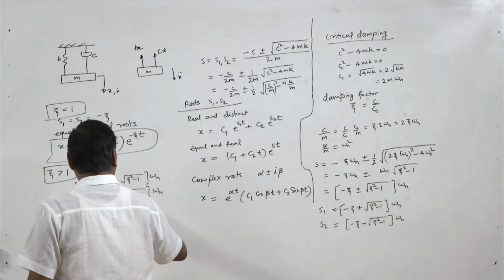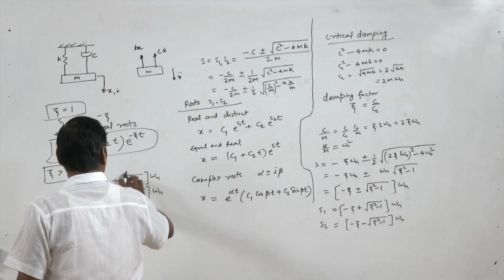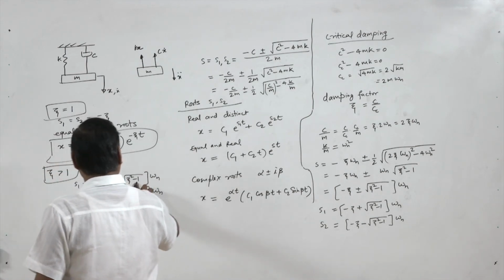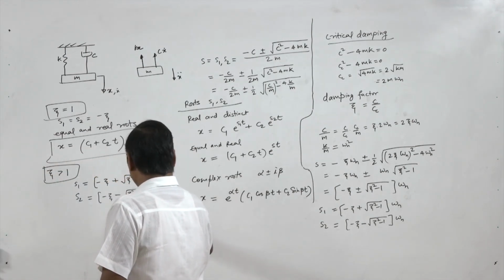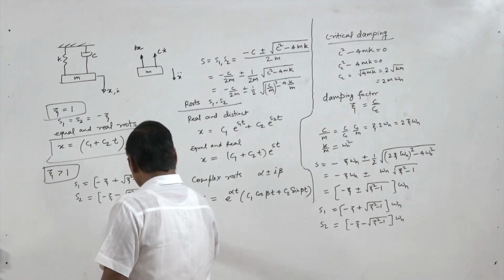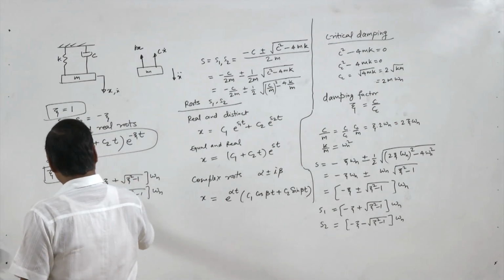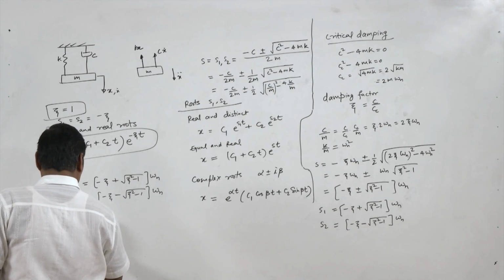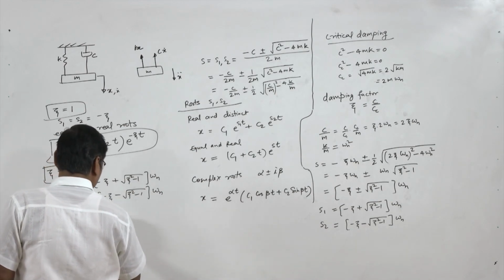Here we see that because zeta is greater than 1, this quantity is greater than 0. So these S1 and S2 are real and distinct.